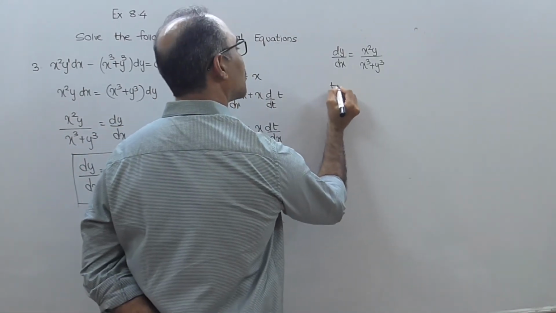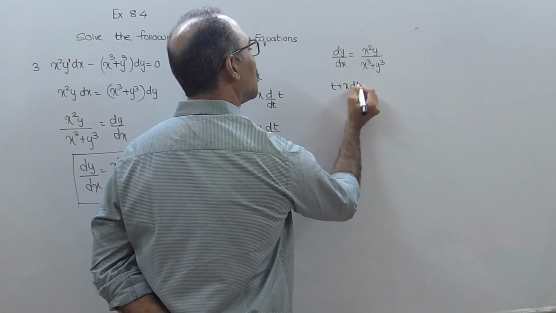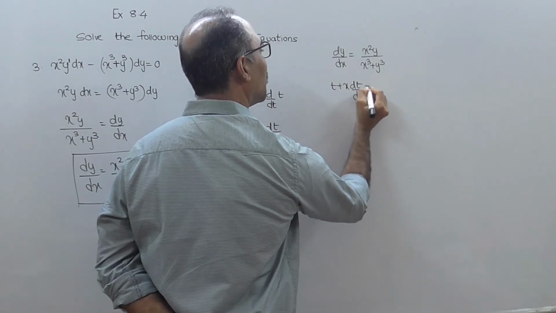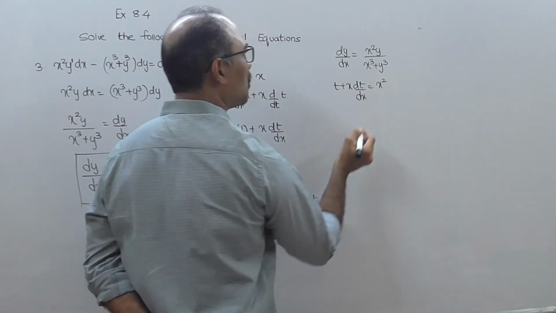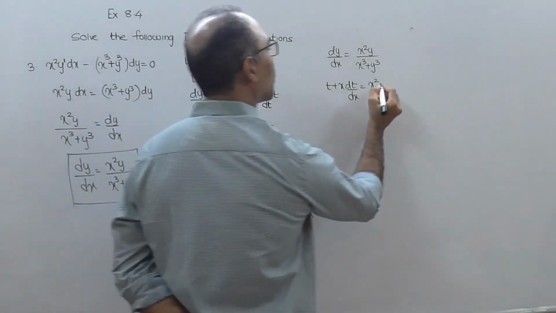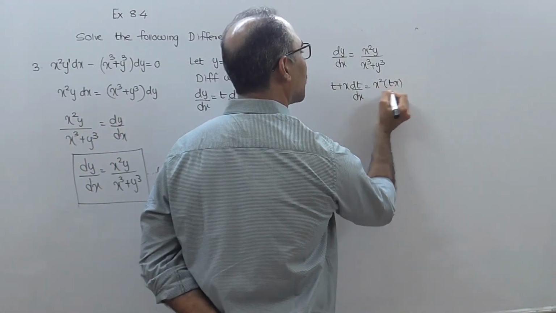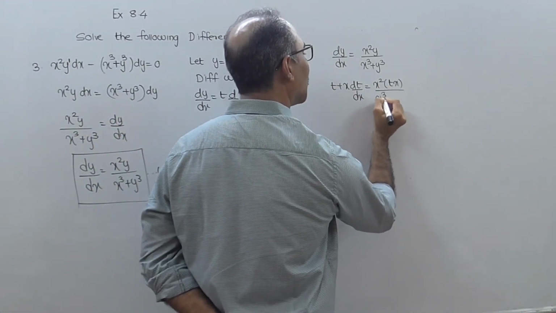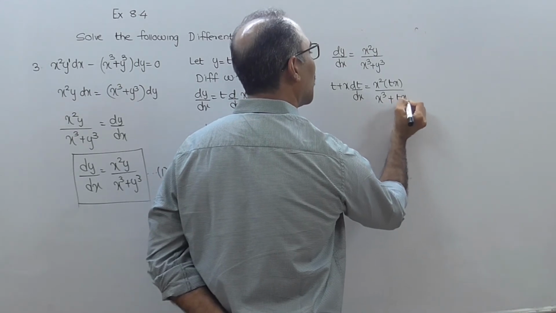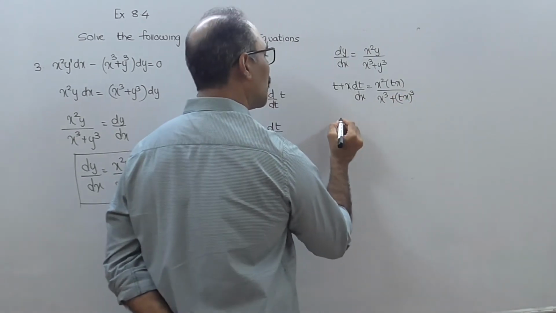Now dy by dx is t plus x dt by dx. x square कुछ नहीं कर सकते, लेकिन y के जगह में I think we can put tx. x cube, leave it as it is. In the place of y, again you can put tx, but this will be the whole cube.